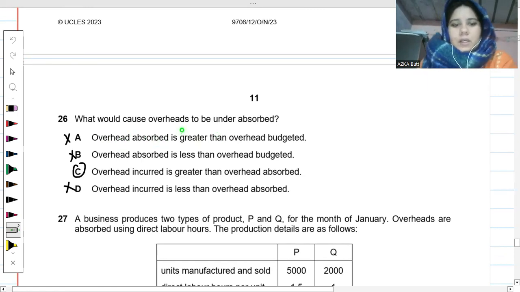Basically, we have budgeted overhead, because whenever we are finding the overheads, the cost is totally anticipated. It means that this is not the real overhead.